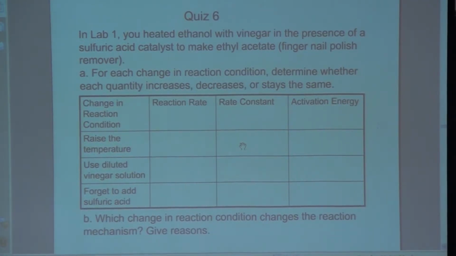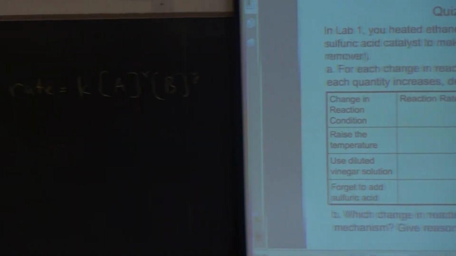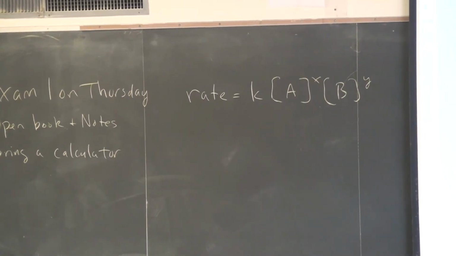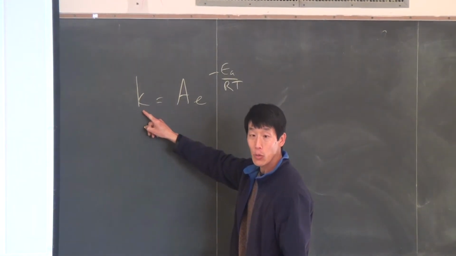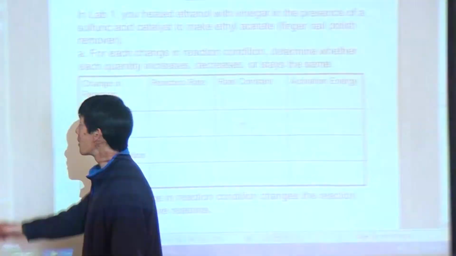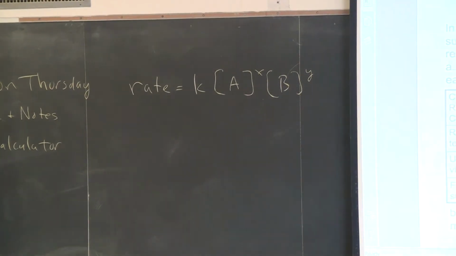Note that the rate is proportional to concentration, but it also depends on K. K is defined by the Arrhenius equation, so that's equal to A times e to the minus Ea over RT. So when T increases, the rate constant K should increase too. And if the rate constant K increases, that tells us that the rate should also increase.